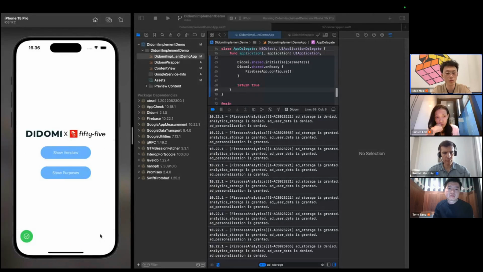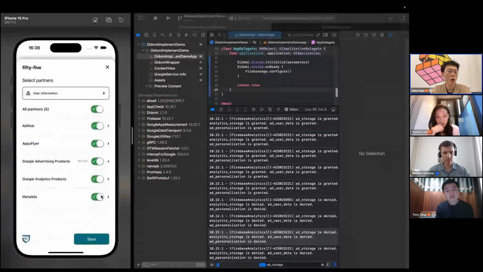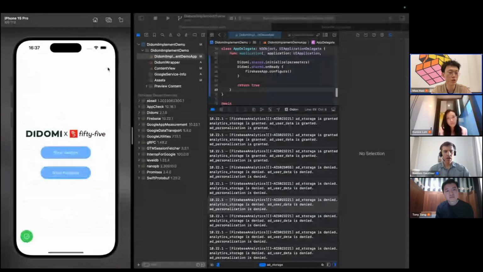Say if I choose disagree, you'll instantly see that all the parameters are actually denied. And then you can also bind it to a little icon on the bottom left for whichever kind of setup suits you. And yeah, this would be a very easy demo of what a Didomi implementation in an iOS app looks like. I hope this gives you a better idea of how it works and the look and feel.